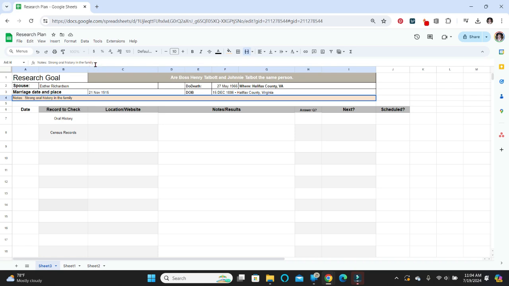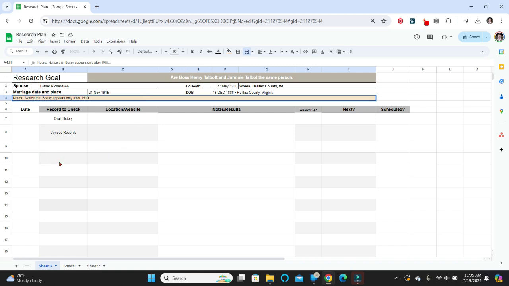Maybe if I didn't know there was oral history, I might say something along the lines of, notice that Bossy appears only after 1910. That I can't find him before that, knowing that he should be in some records. So I could put any kinds of notes here that I want, and I can make that as big or as little as I want.